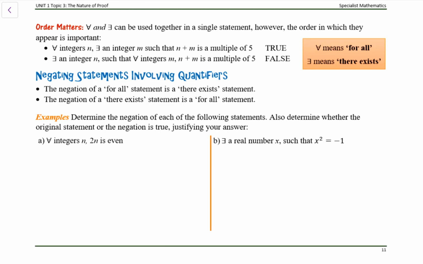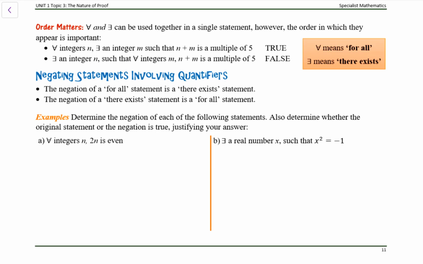That is true. If I put it that there exists an integer n such that for all integers m, n plus m is a multiple of 5, that would be false because we need it to occur for everything. And that's not going to be the case.